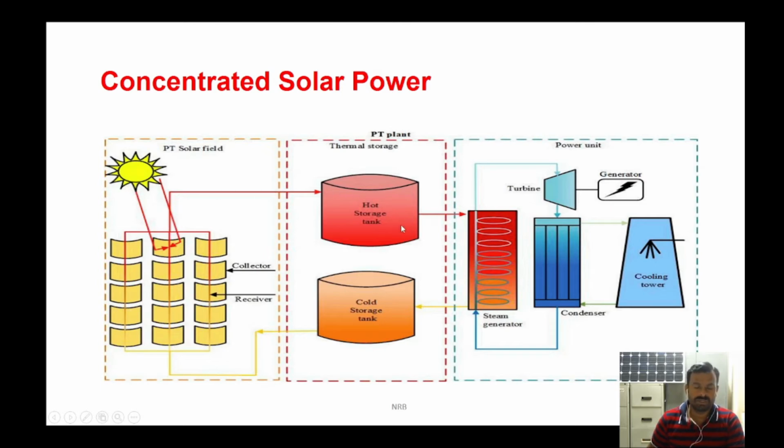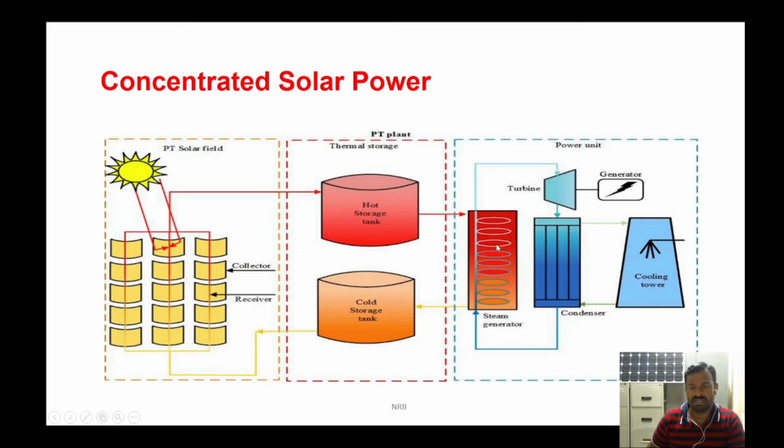When you need to produce electricity, the hot storage tank releases the hot fluid into the steam generator, where it takes another input, which is cold water from the cold water tank. The cold water enters the steam generator.